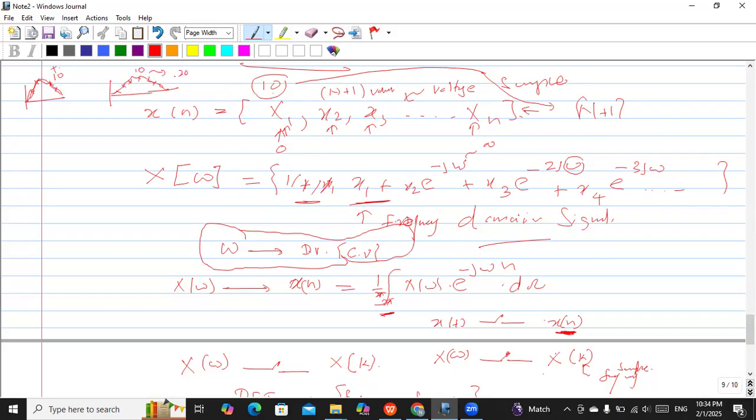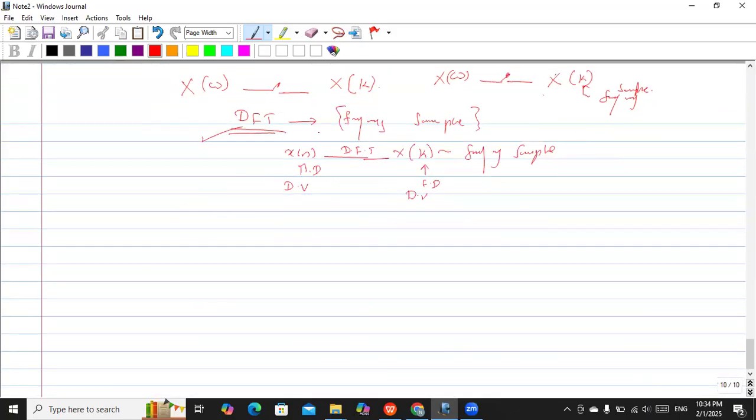If you get 20 samples, that is not a problem. Maybe when you are reconstructing or analyzing, you can do the analysis better, and your regeneration will be much more accurate. So what I want to tell you is that you can get any number of frequency samples. When we have N frequency samples, we normally refer to this as an N-point DFT.